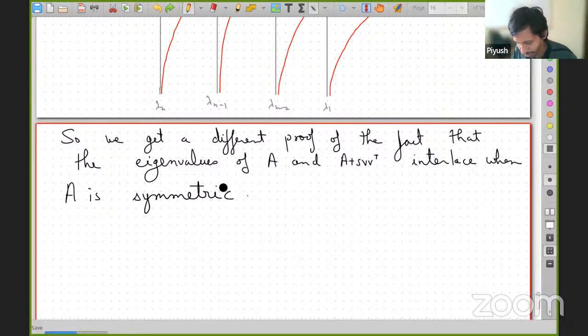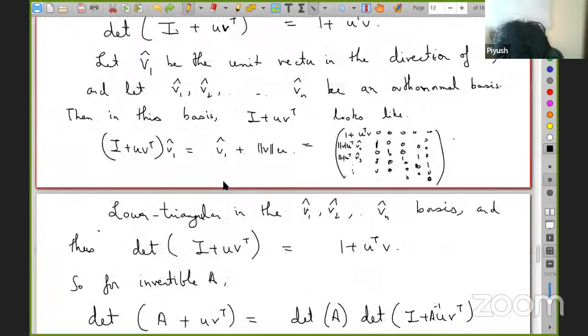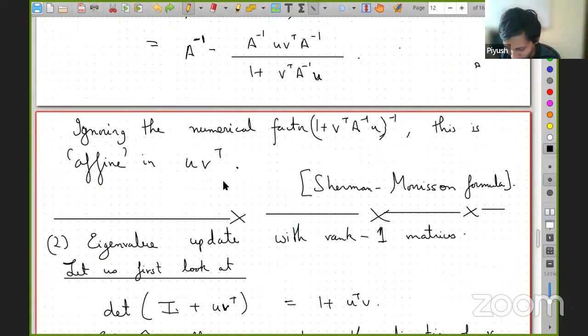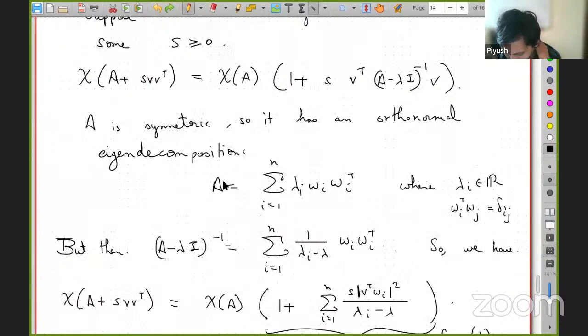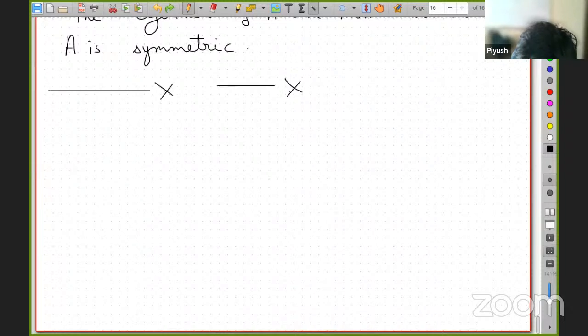The proof will actually be based on finding some vector v with some nice properties such that the eigenvalues change in some reasonable way. Now that we are done with this, let's come back to the proof.